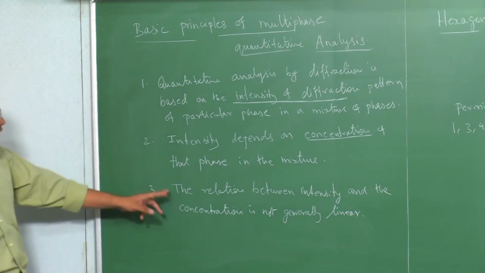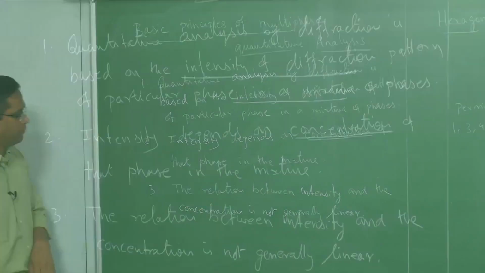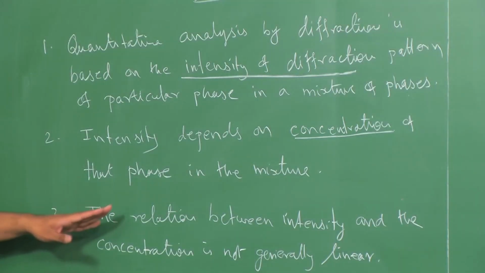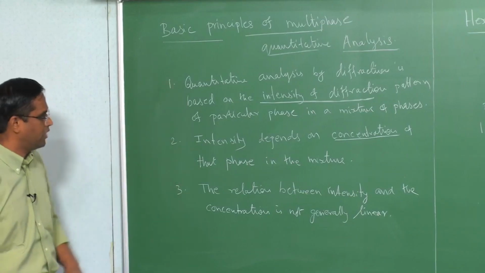The relationship between the intensity and the concentration is not generally linear. It depends upon the mass absorption coefficient of that mixture, which itself will vary as a function of concentration. So, it is not straightforward here.